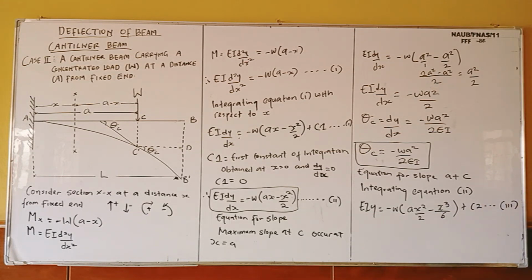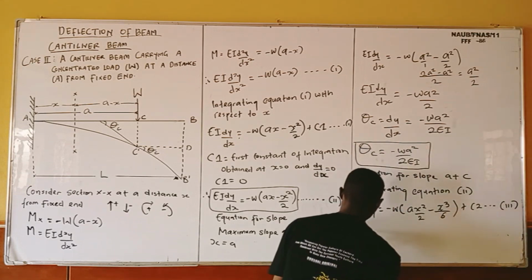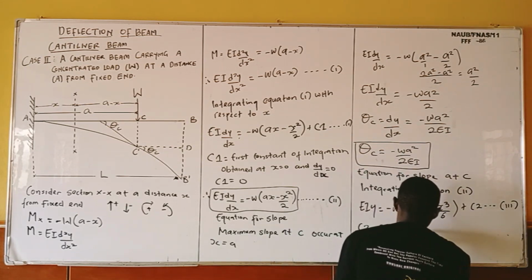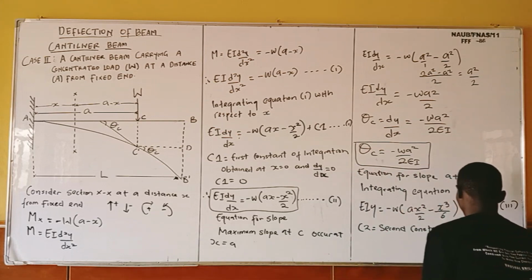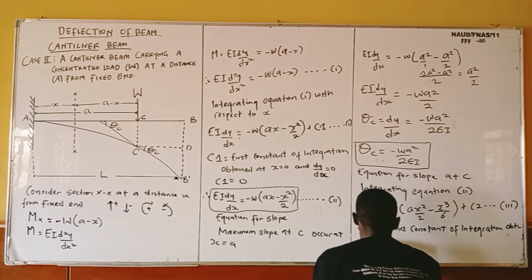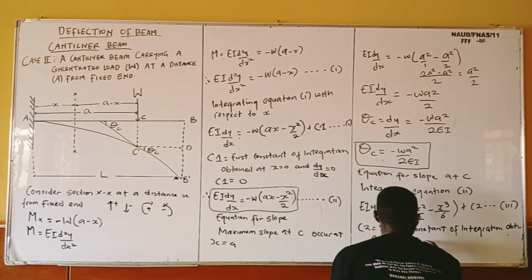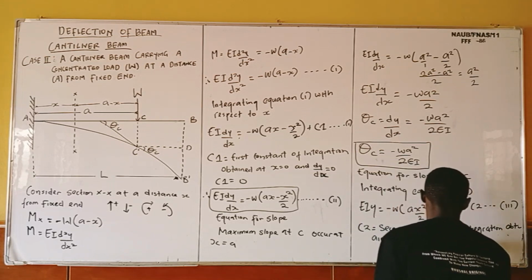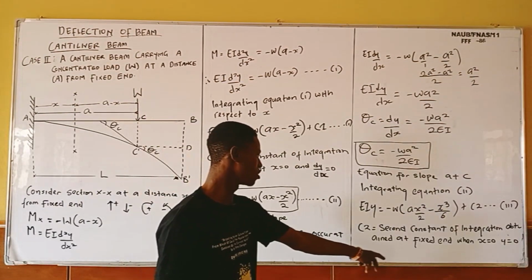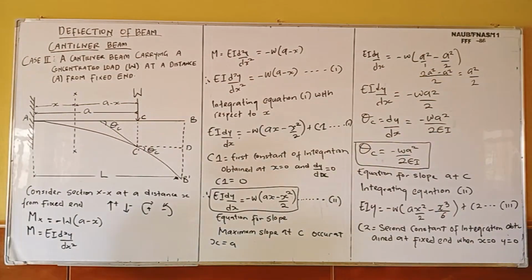Let me name this one our equation 3. For us to find our constant C2, C2 is obtained when x equals 0 and y equals 0.